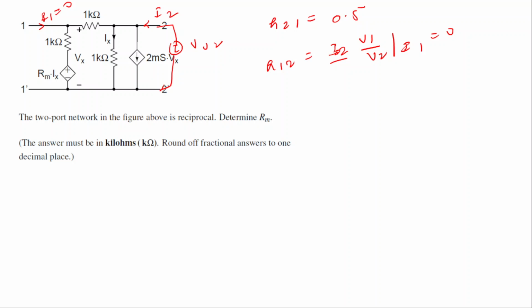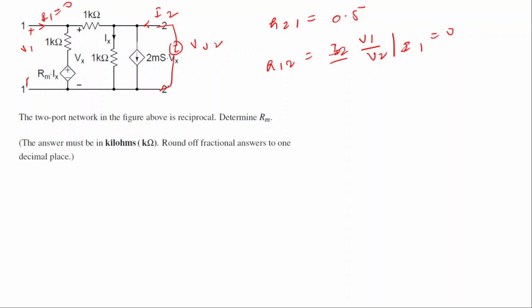Now we need to find our V1. So V1 is the voltage drop across terminal 1 and 1 dash. Okay, so now let's find this.